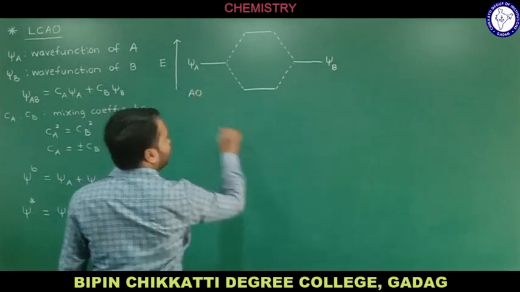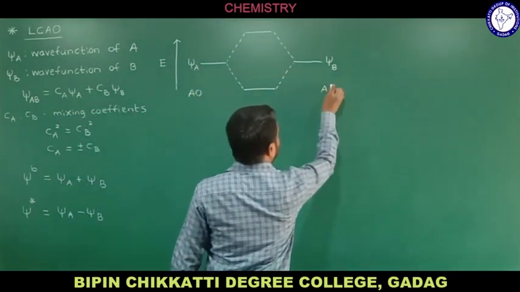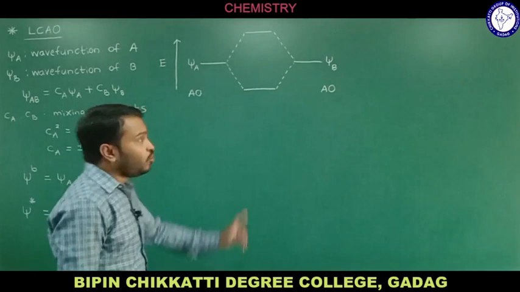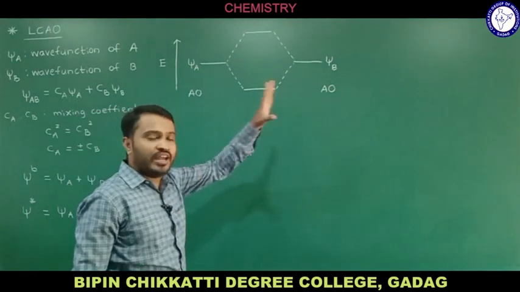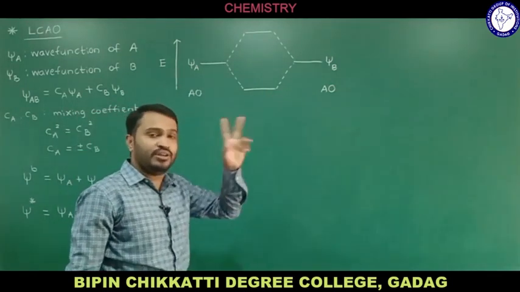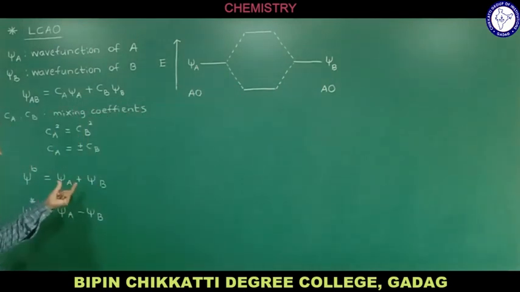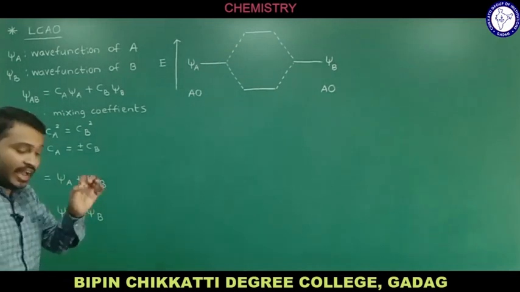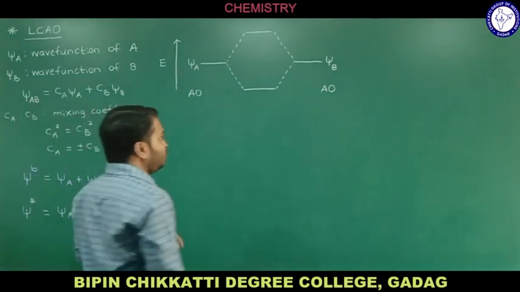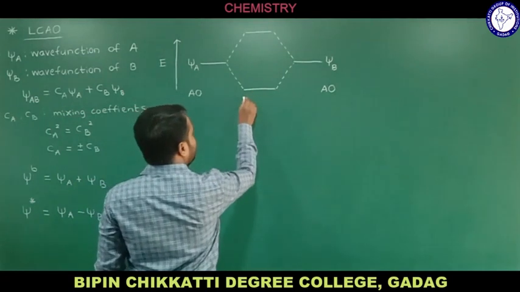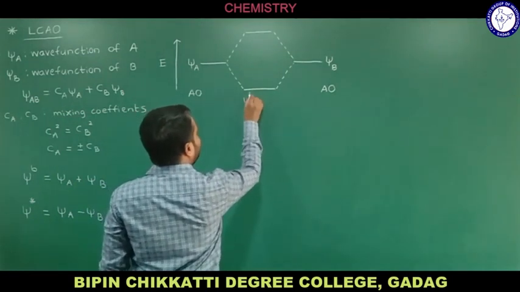So when atomic orbitals combine, we get molecular orbitals, two different types of molecular orbitals. One is by taking the addition of the wave functions, one is by taking the subtraction of the wave functions, actually the atomic orbitals.